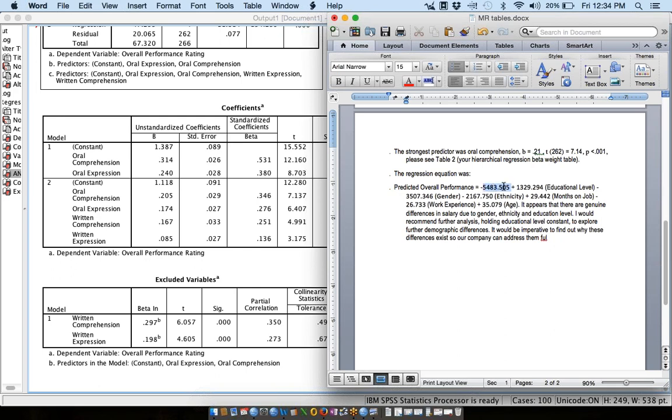And remember, we use all 3 decimal points in the equation only. 1.118 plus 0.205, and that is times the independent variable of Oral Comprehension.